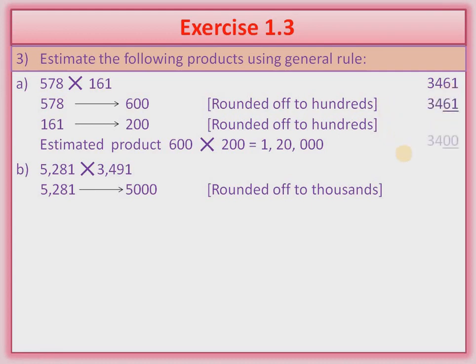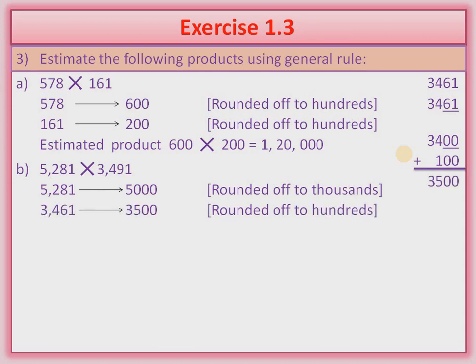Now we will write 00 instead of 61. The estimated value of 61 is equal to 100, so we will add 100 to 3400. The answer is 3500 only. Clear? So this is your answer.